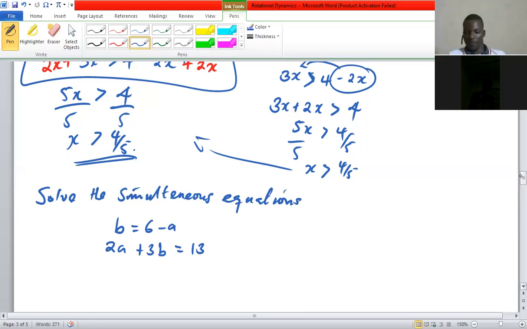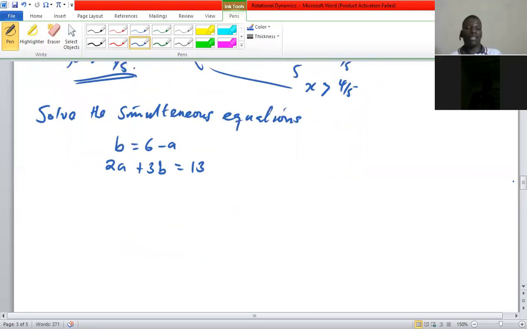Okay, so we have simultaneous equations. We are ending on 8, I think this is the last question that we are solving. B is equal to 6 minus A, and 2A plus 3B is equal to 13.